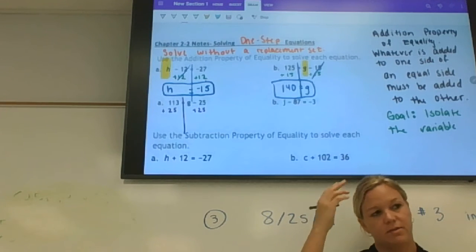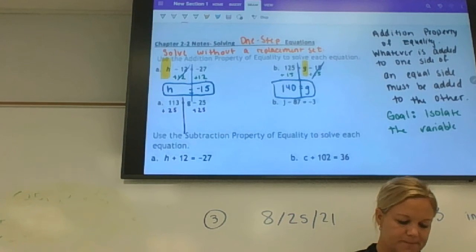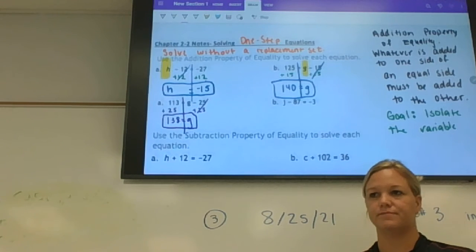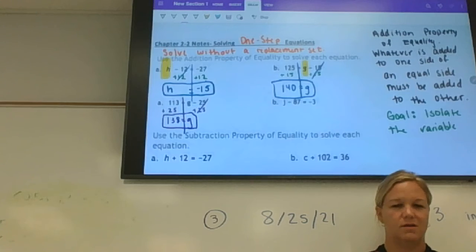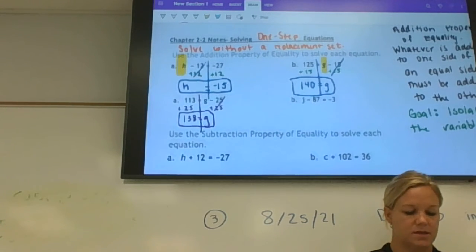We'll have to add it to both sides so that our equation stays balanced. The 25's are gone, and I can see now that G is 138. Is this big enough up here? It's kind of hard to see.